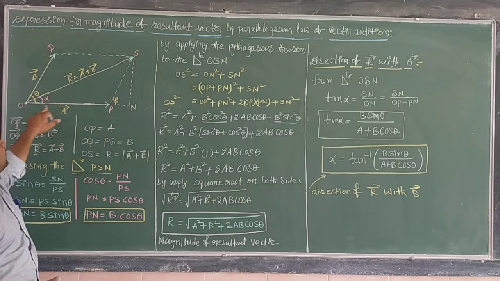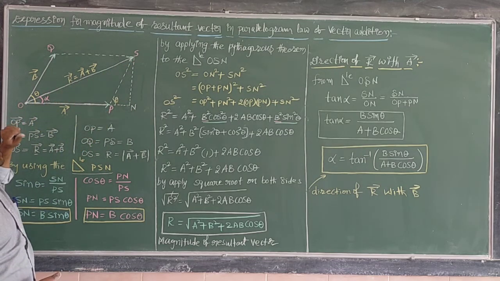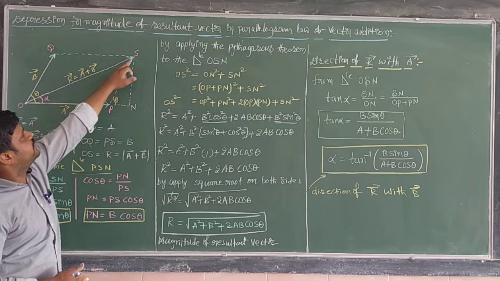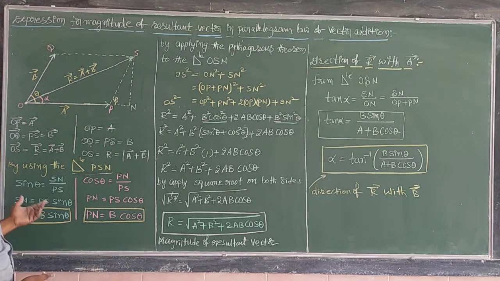Now just see, OSN is one right angle triangle, and at the same time PSN is another right angle triangle. From the PSN right angle triangle, I got the SN value by taking sin theta, and the PN value by taking cos theta.